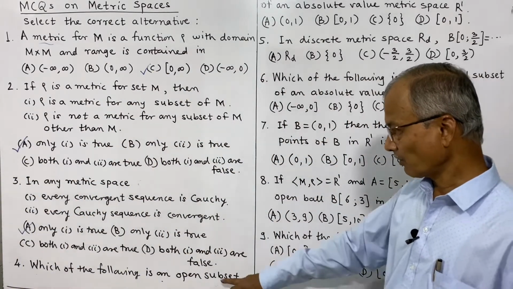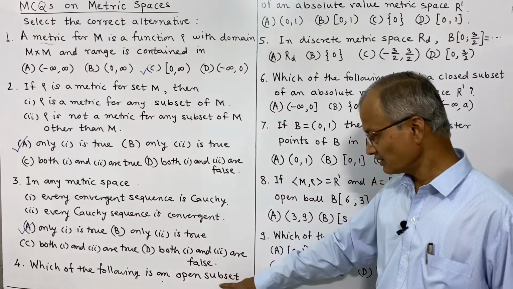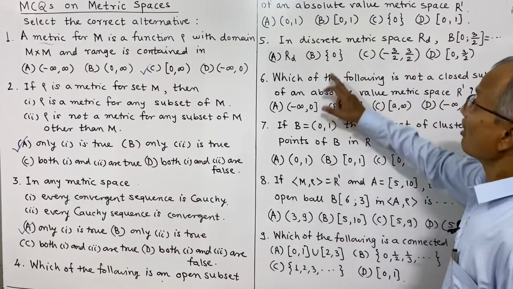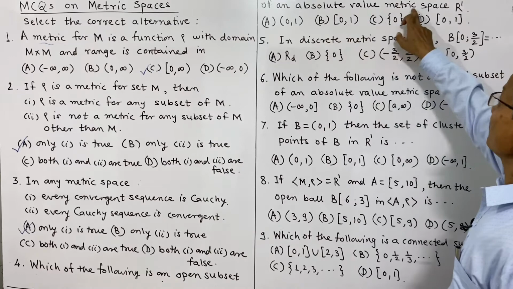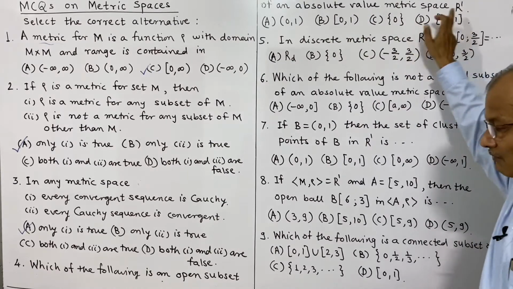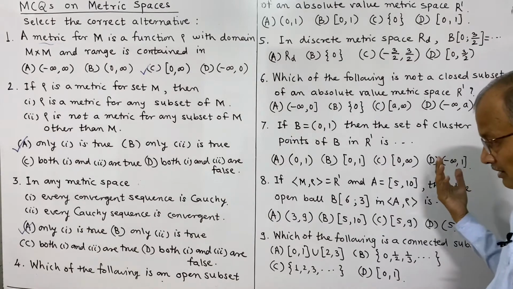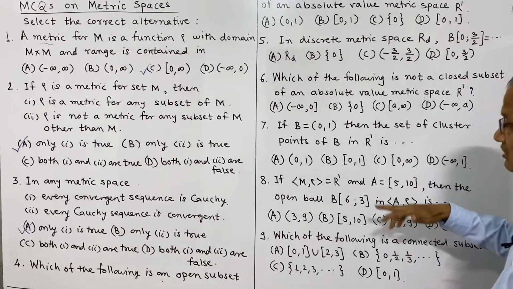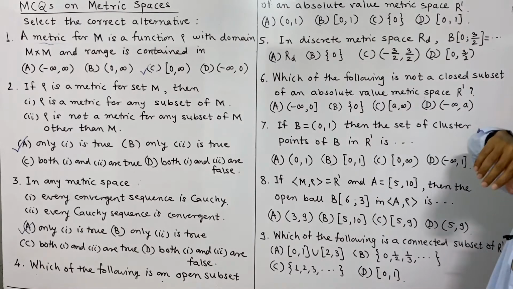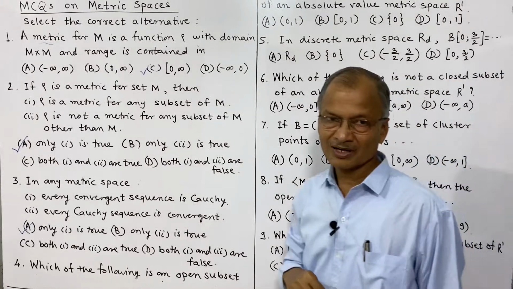And now the fourth: which of the following is an open subset of the absolute value metric space R1? R1 with the absolute value metric is given, and which subset is open? Now this is simple and straightforward.